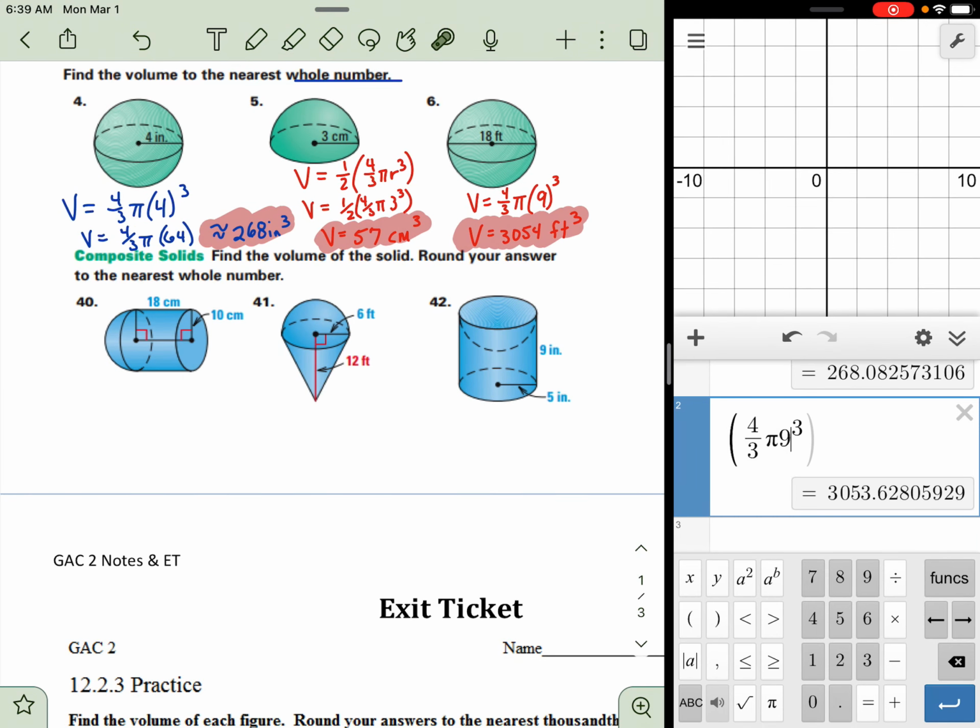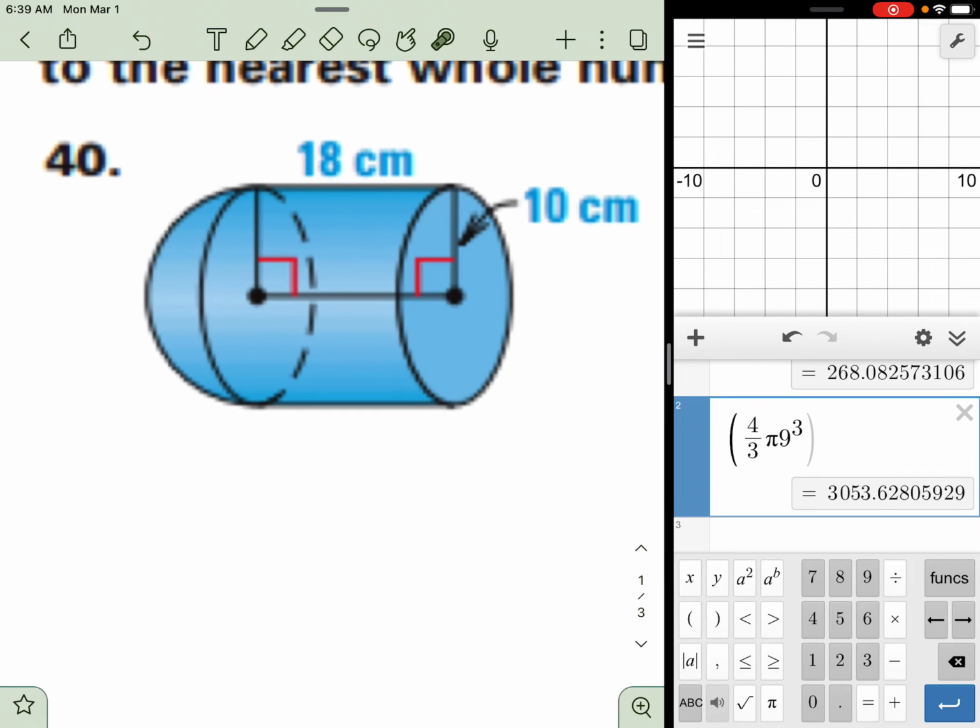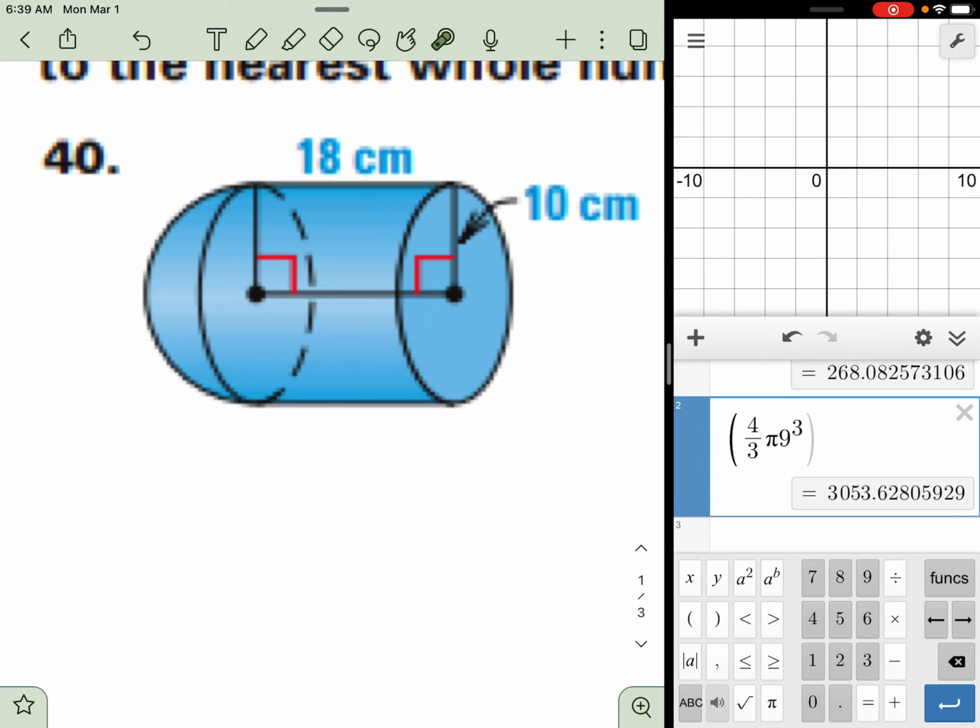So composite solids are basically shapes that are made up of more than one 3D shape. So you're going to have to do 2 different volumes here. Volume 1, which I'll just do as the cylinder. As you recall, the volume of a cylinder is the area of the base times the height. The base is a circle, so that would be pi r squared.